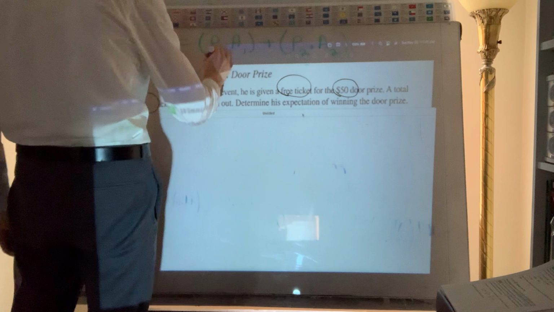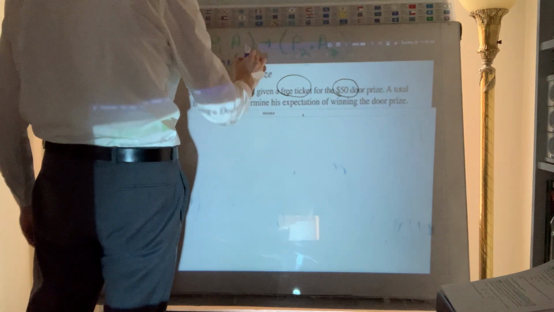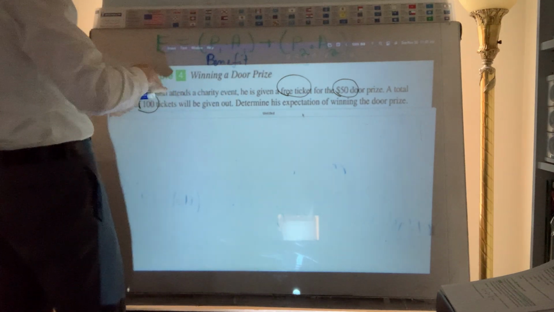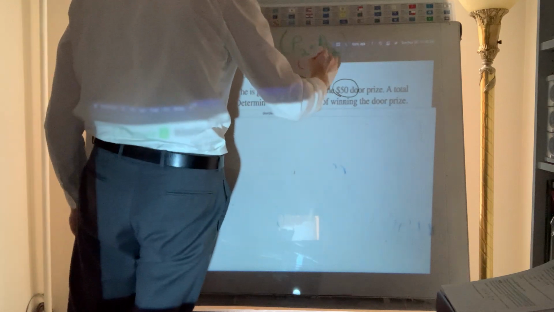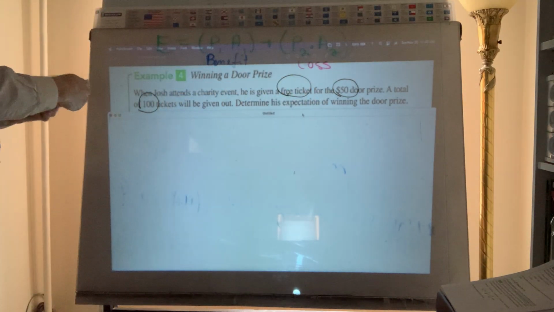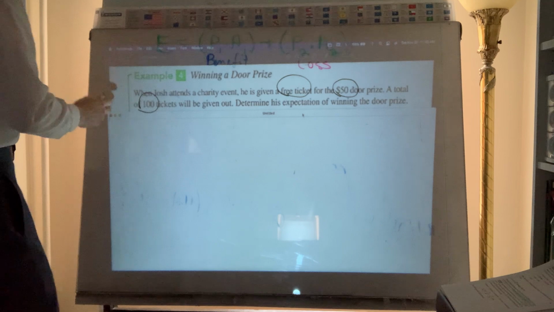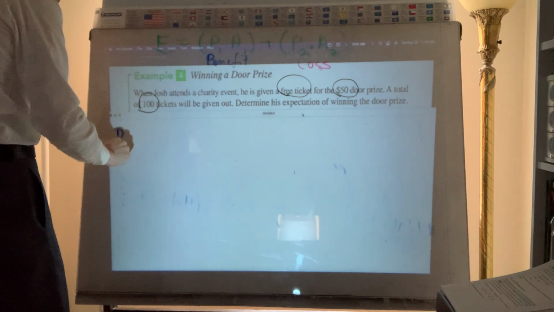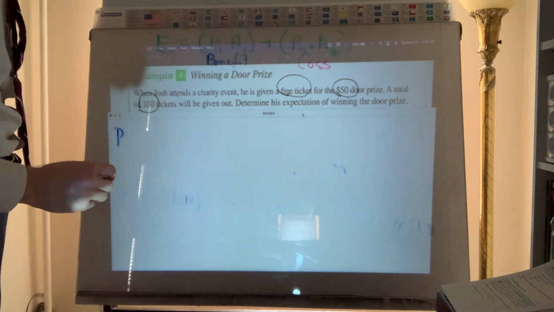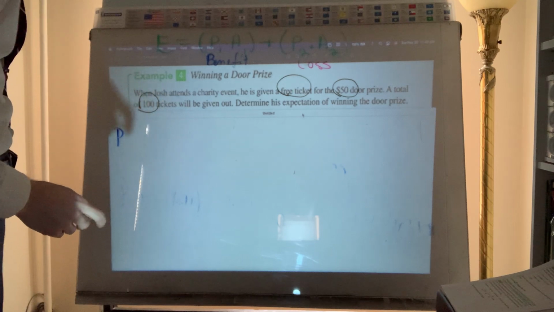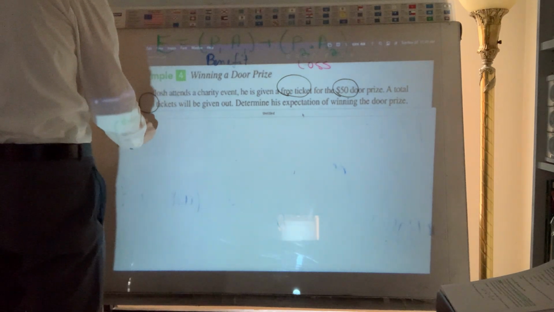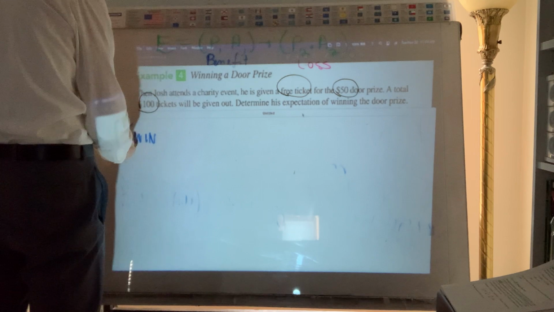And again, if this is the benefit term, I'll use that blue. And if this is a loss term, I'll make that red. What is the probability of winning this raffle?